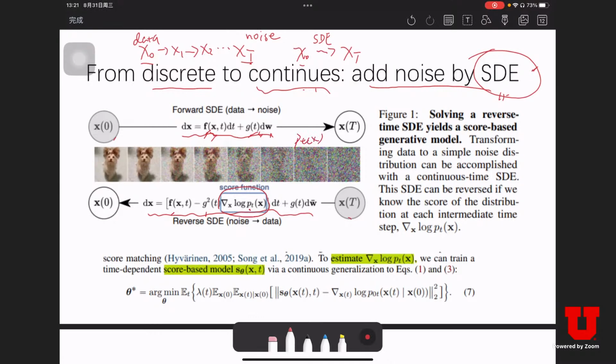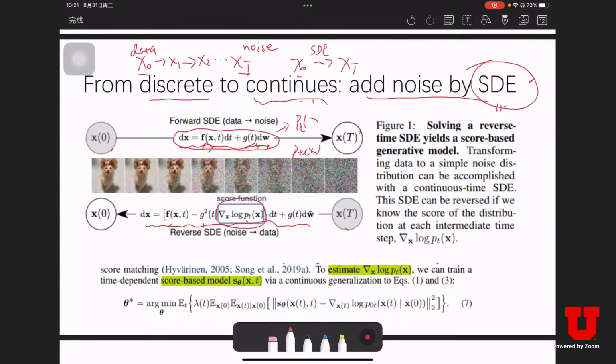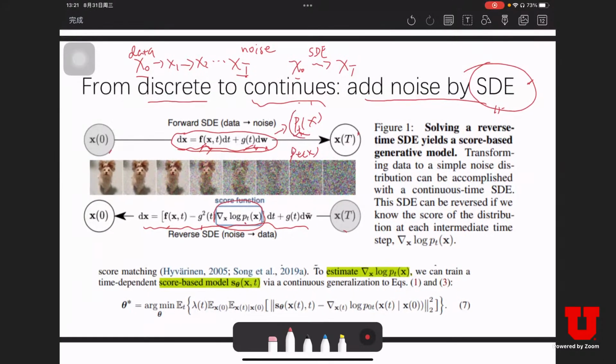That's the probabilistic flow of your SDE, because given an SDE like this one, we can always write the distribution of x at a given time t. So here we call this the probabilistic flow of a given SDE.